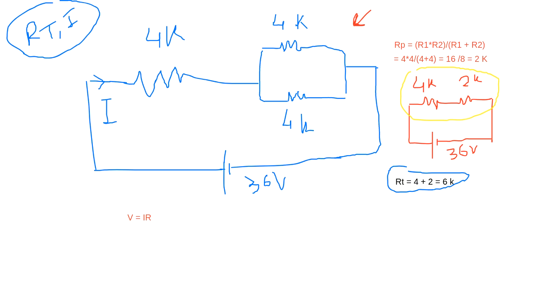It is given in the question, 36 volt, divided by the resistance we have calculated, 6 kilo. 36 divided by 6 is 6 milli. Our unit of current is ampere. So 6 milliampere. If you want, you can write this as 0.006 ampere. Is it making sense, all of you?